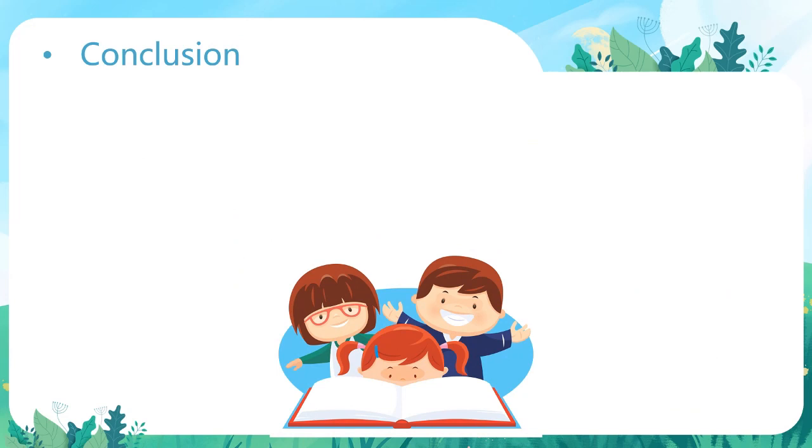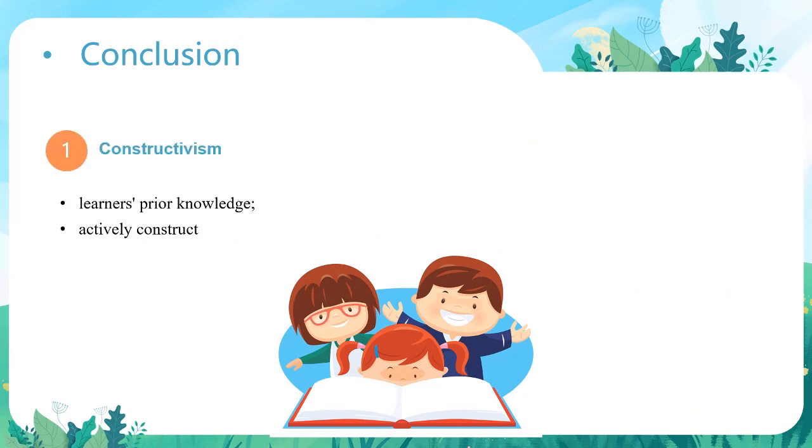In conclusion, when we design the lesson, constructivism suggests that students' prior knowledge and experience have an important influence on their learning process, and knowledge is actively constructed by the learner rather than passively received. Besides, 5E model provides us with a clear structure so that we can check if there is any missing from our initial proposal.